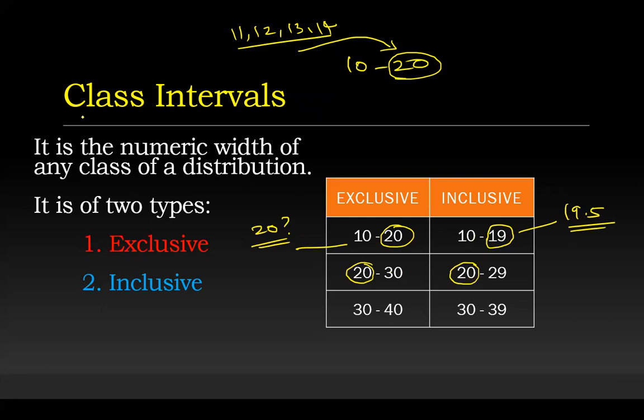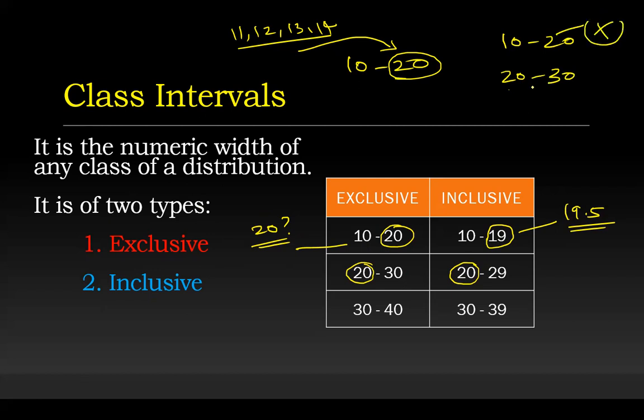So now, when we go for class interval, there are two types. One is called exclusive, another one is called inclusive. Sometimes it's a little confusing how to remember this. I'm going to tell you one trick here, how to remember this. Now, when I want to add this 20 in this particular interval, 10 to 20 is there, 20 to 30 is here, I should not include 20 here.